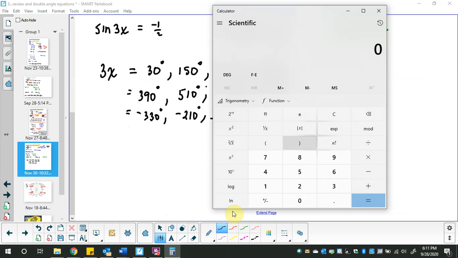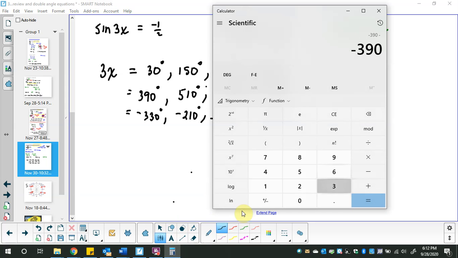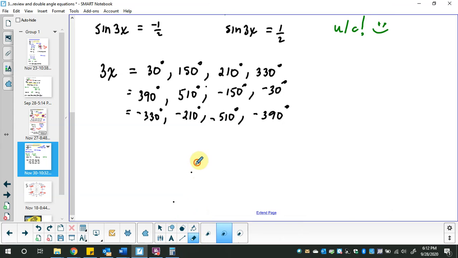Negative 30, subtract 360. Negative 390. Subtract another 360. Nope, too big in the negative side. So these are not your answers.